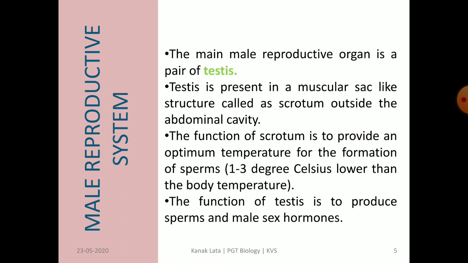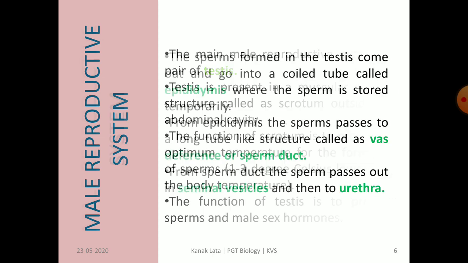The function of a scrotum is to provide an optimum temperature for the formation of sperms, that is 1 to 3 degrees Celsius lower than the body temperature. The function of testes is to produce sperms as well as male sex hormone testosterone.